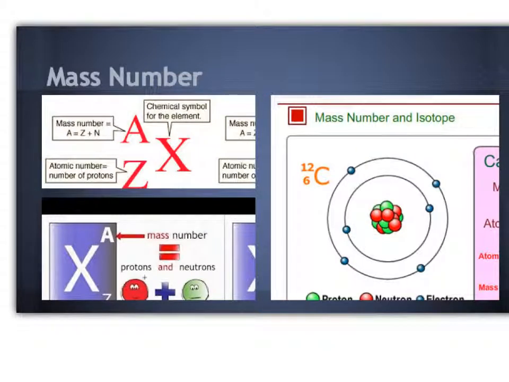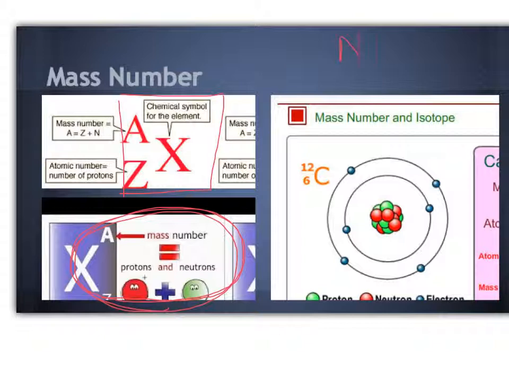Mass number is the number of protons plus the number of neutrons together. That is our mass number. And this is our abbreviation for how we write that. We can write a chemical symbol for the element.